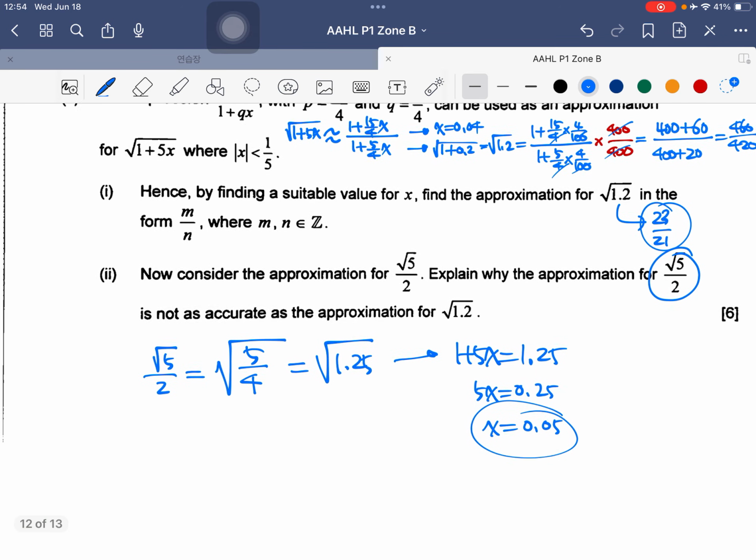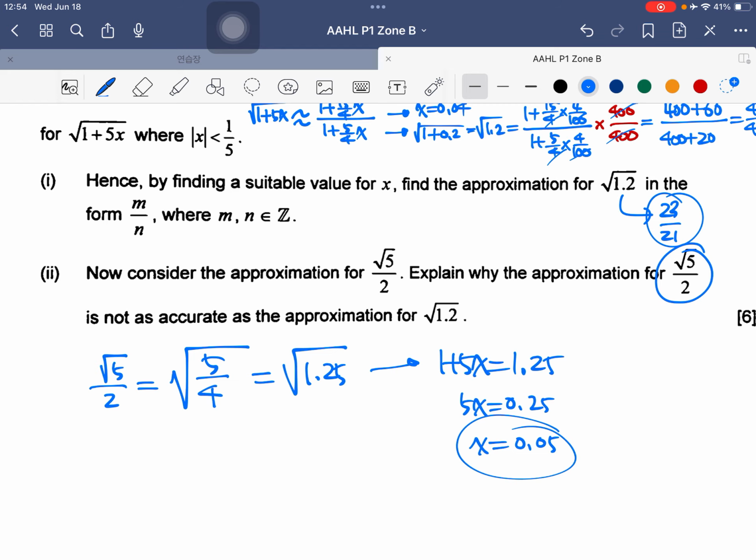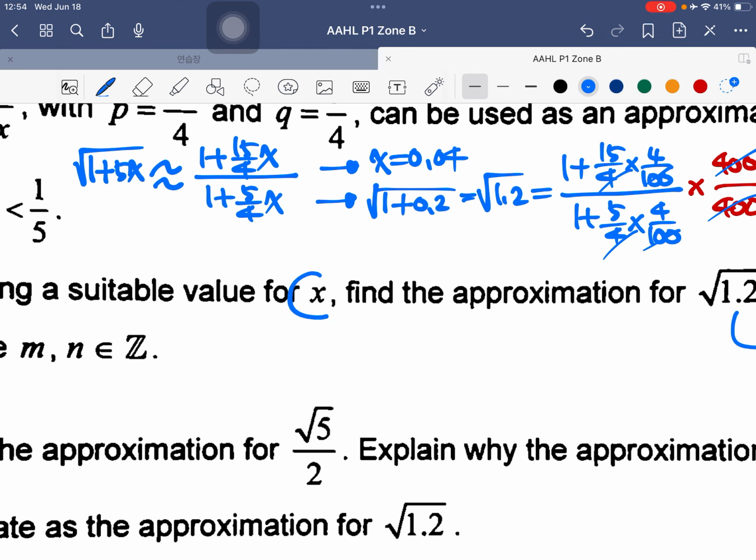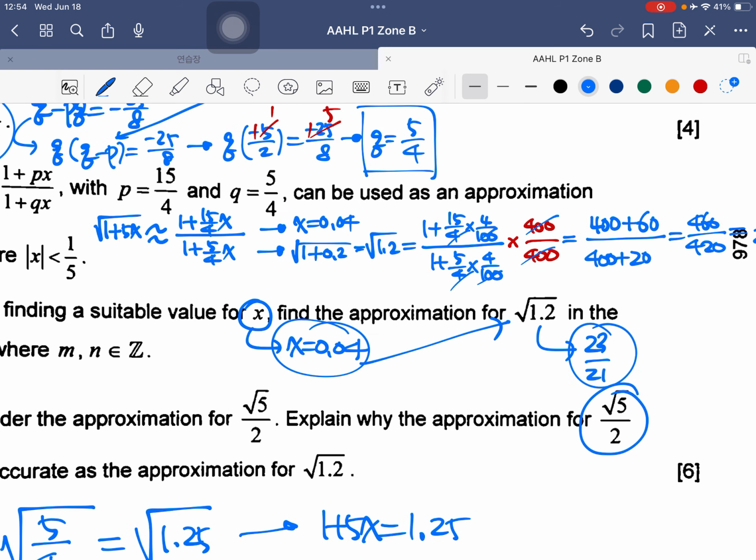So the first trial was when x equals 0.04, we get the approximation for square root of 1.2.